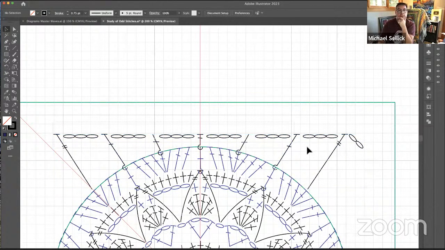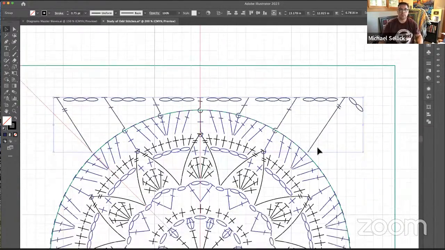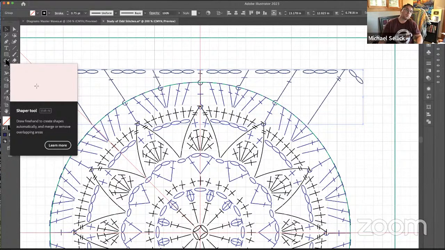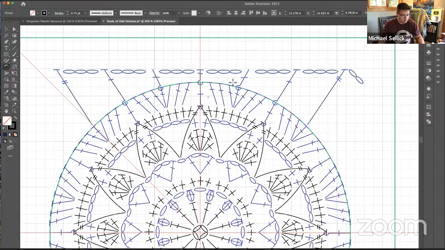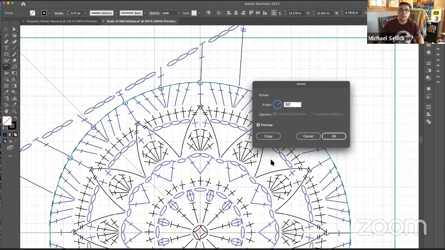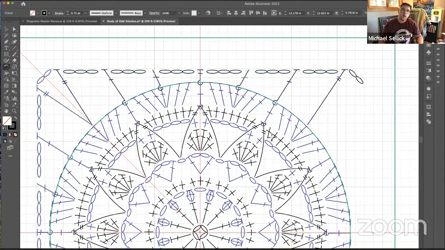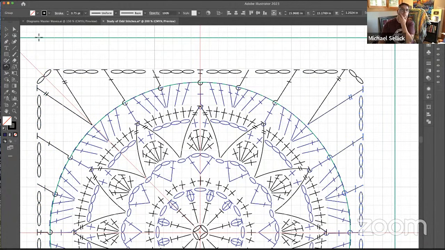And now we're going to do a rotational, and there's only going to be 360 degrees divided by 4 sides. Copy, and done. And now that is there.